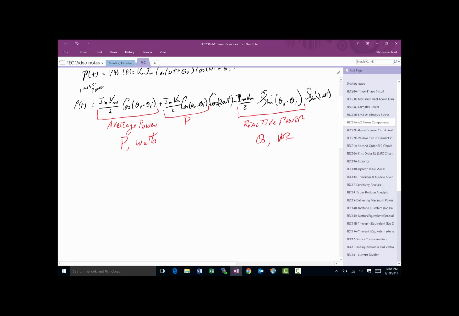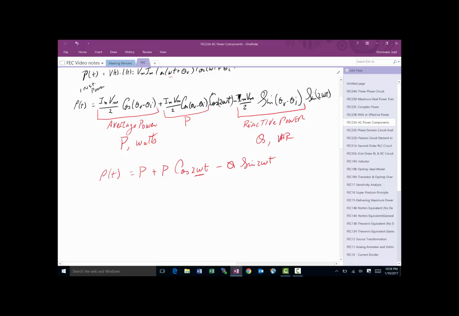A lot of the time, this is written as P of t, instantaneous power, equal to real power plus real power times cosine of 2 omega t minus Q sine of 2 omega t. One thing you notice is that the power is changing at twice the frequency of your original signal.